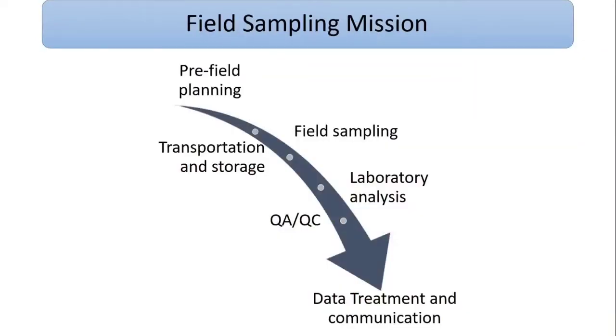Now we are in the field sampling mission. For the field sampling mission, we have pre-field planning through to data treatment and communication. Whenever I go for field work, suppose we have field work tomorrow, we get a mail today saying you have to prepare all your material before you go.